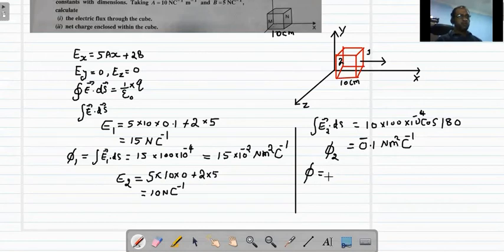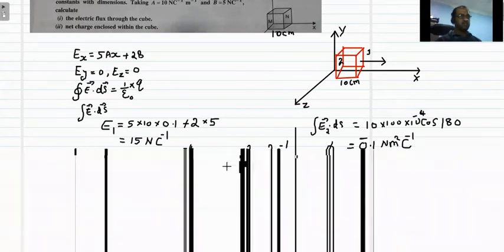So total flux will be phi1 plus phi2, correct? Yes, sir. Flux through the first surface plus flux through the second surface. What is the phi1 value?